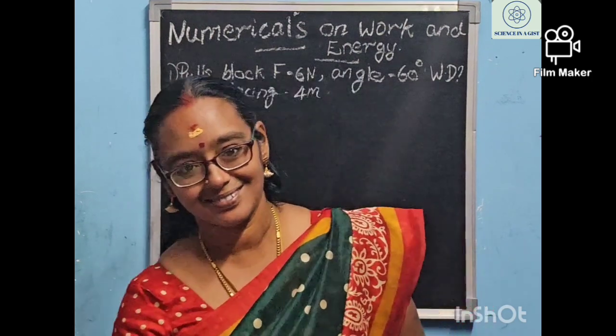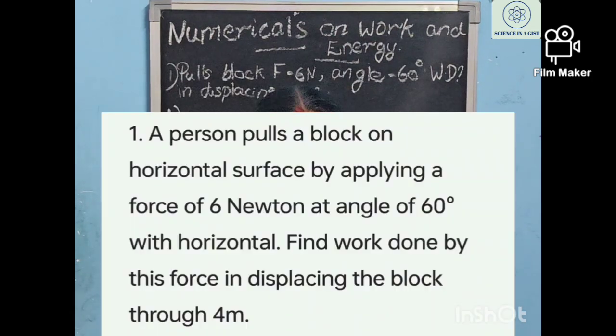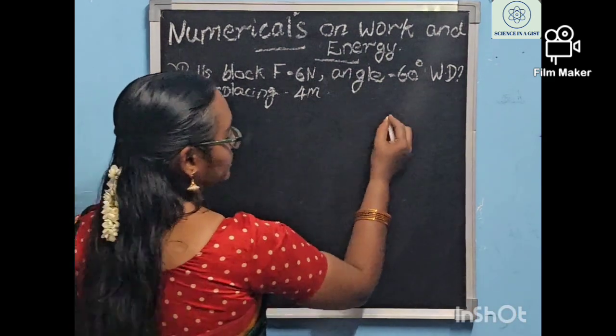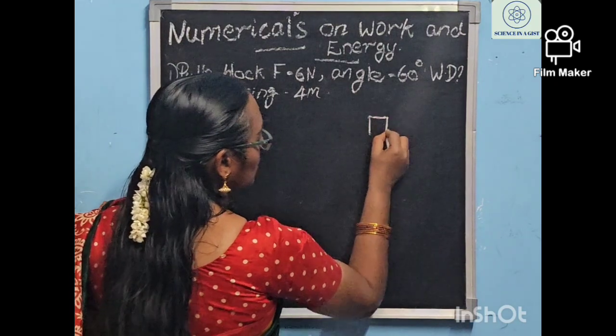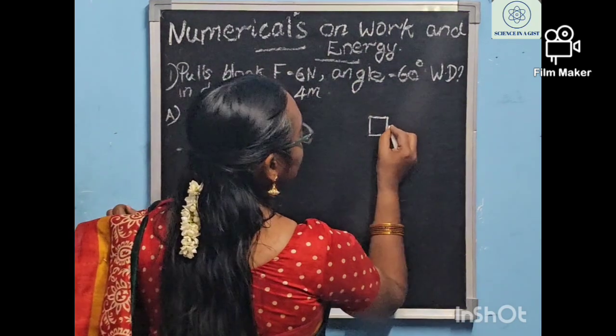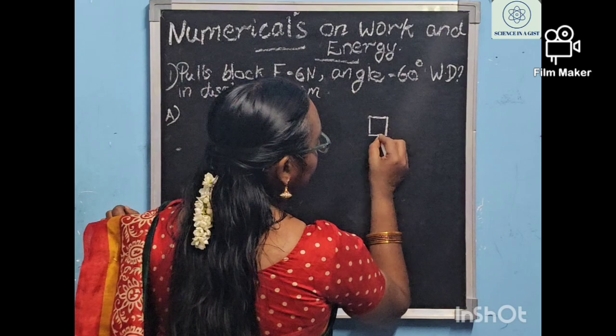The first question. A person pulled a block on a horizontal surface by applying a force of 6 Newton at an angle of 60 degree with the horizontal. Find the work done by this force in displacing the block through 4 meter. In this question, a person is pulling a block on a horizontal surface with an inclination of 60 degree.